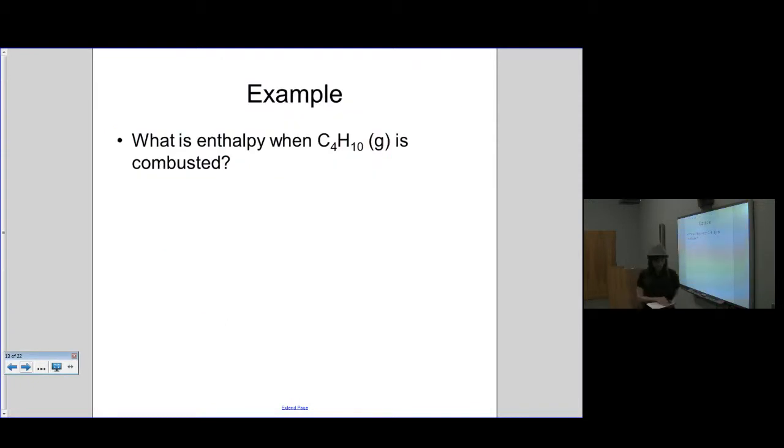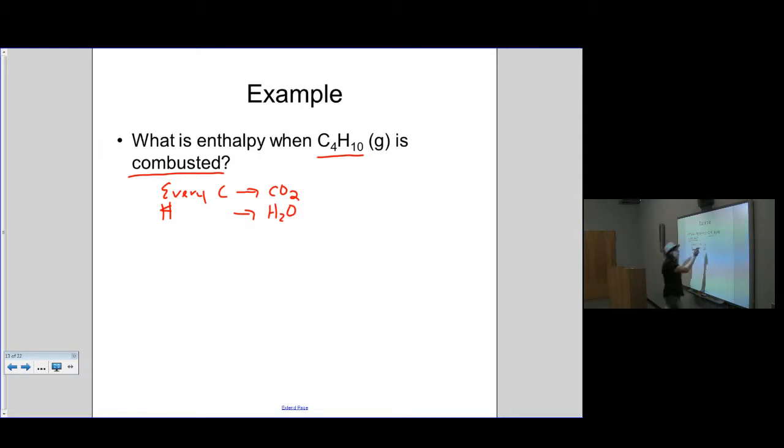All right, one more thing I expect you to be able to do for our enthalpy is a combustion reaction. So we're going to combust this, and I expect you to still be able to do this. What are the rules for combustion? Every carbon forms a CO2. Hydrogen forms H2O.